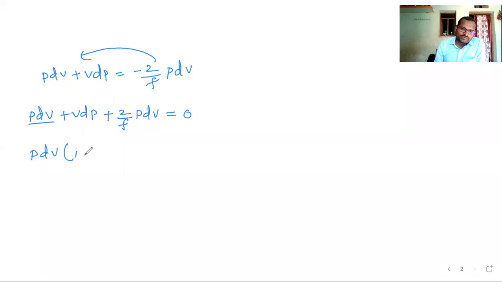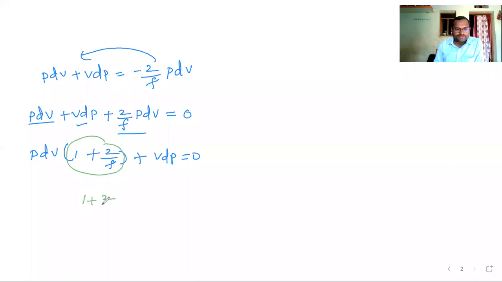Here you will get 1 plus 2 by F, and the remaining is VdP, is equal to 0. This 1 plus 2 by F, I will take as gamma.